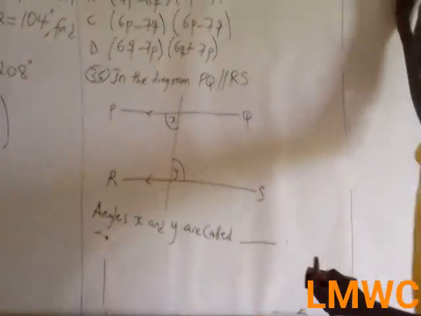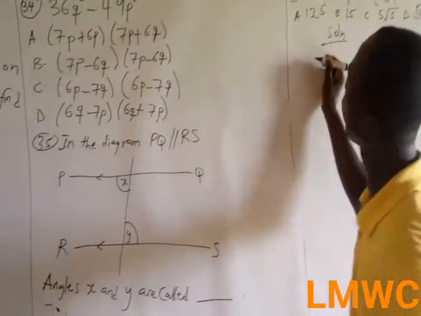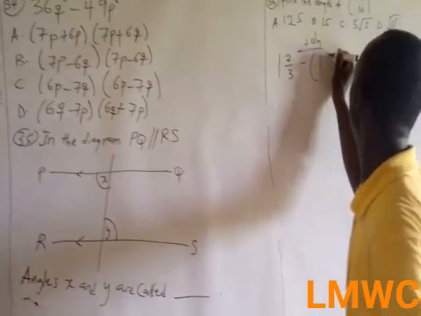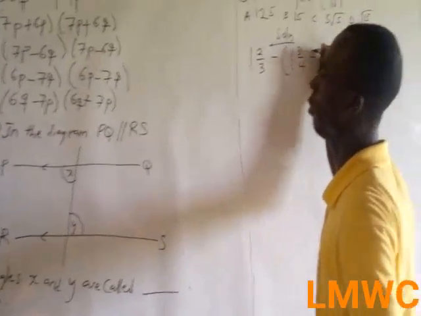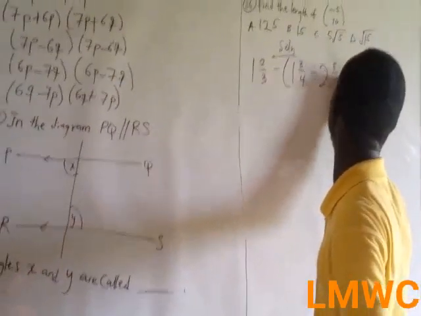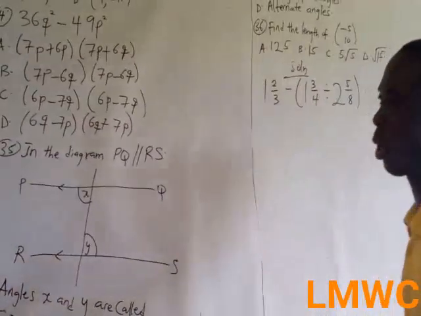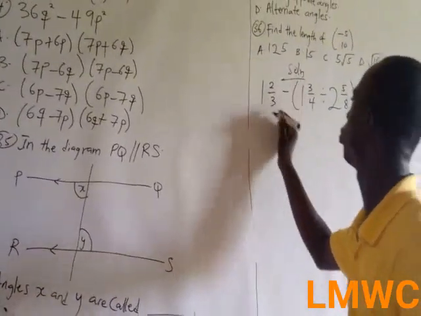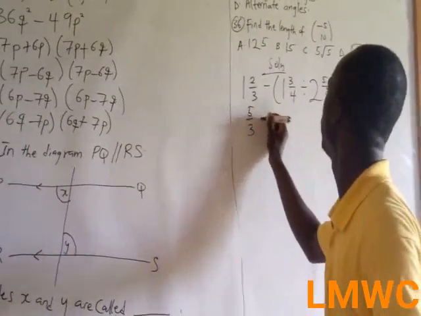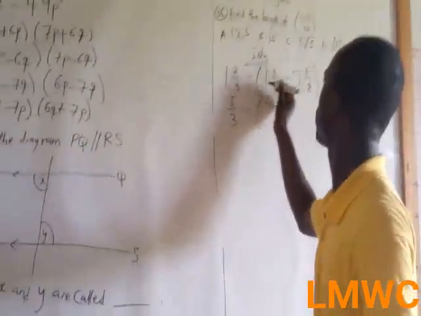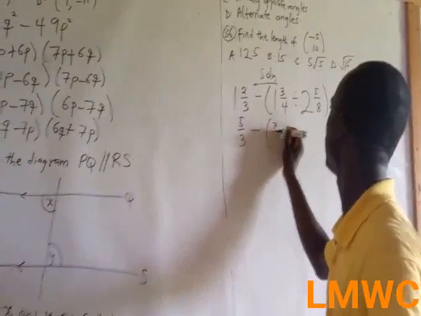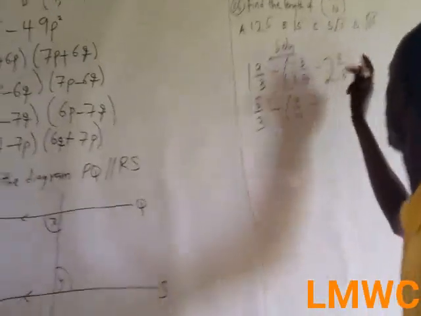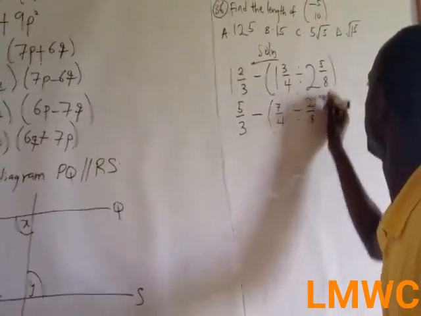So we have 1 whole number 2 over 3 minus 1 whole number 3 over 4 divided by 2 whole number 5 over 8. So you change all to improper fractions. 3 times 1 is 3 plus 2, we have 5 over 3, minus 4 times 1 is 4 plus 3 is 7 over 4, divided by 8 times 2 is 16 plus 5, 21 over 8.